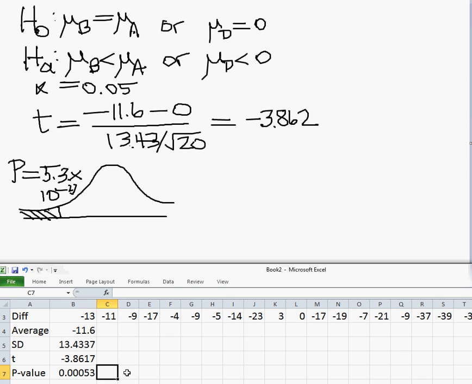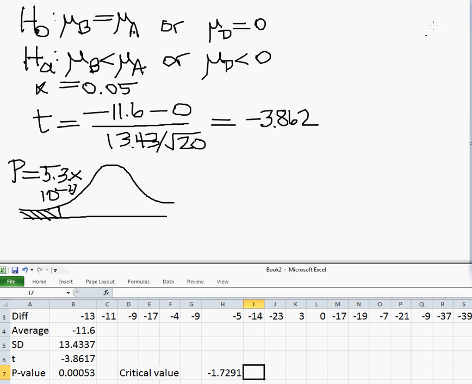The other way to do this is by getting the critical value. And the critical value is equal to t.inv of 0.05 with 19 degrees of freedom, which works out to be negative 1.7291.